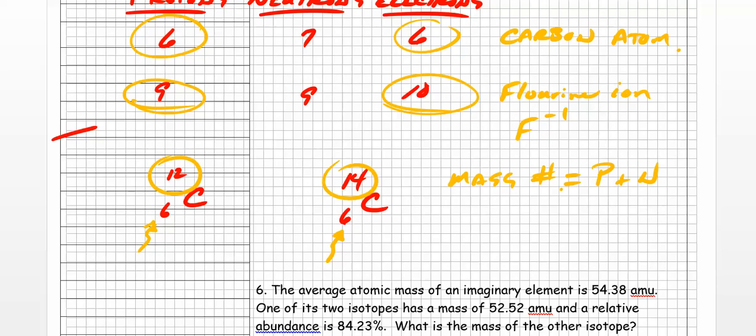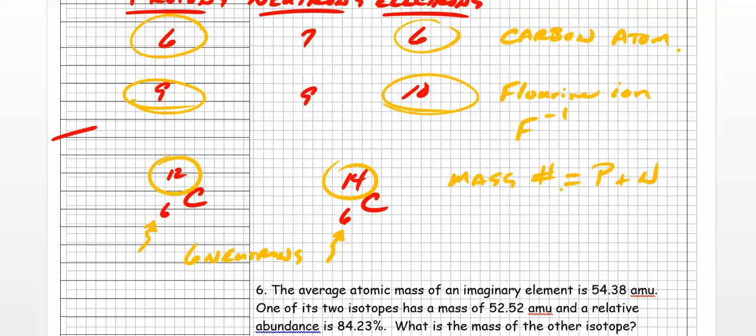So let's take a look at this isotope on the left. I've got 6 protons and 12 protons and neutrons. So if there's 6 protons and 12 protons and neutrons, how many neutrons do I have? That's right, 6 neutrons in this particular isotope.